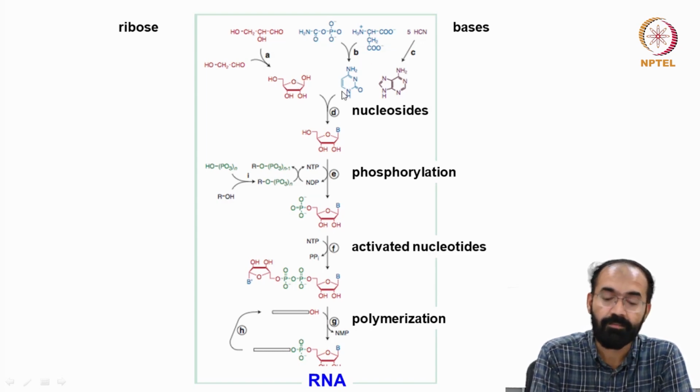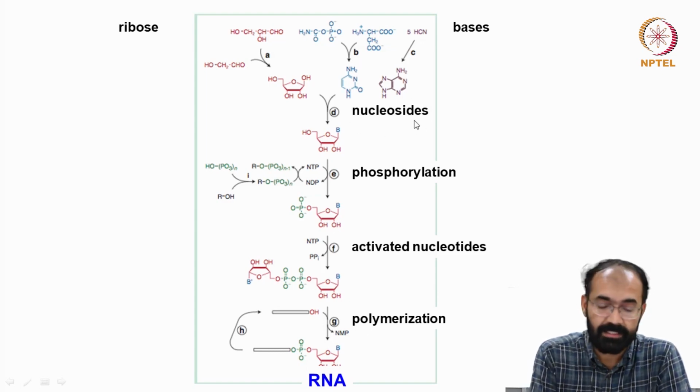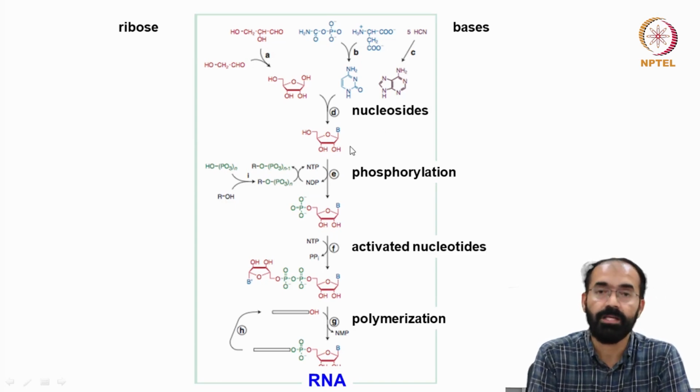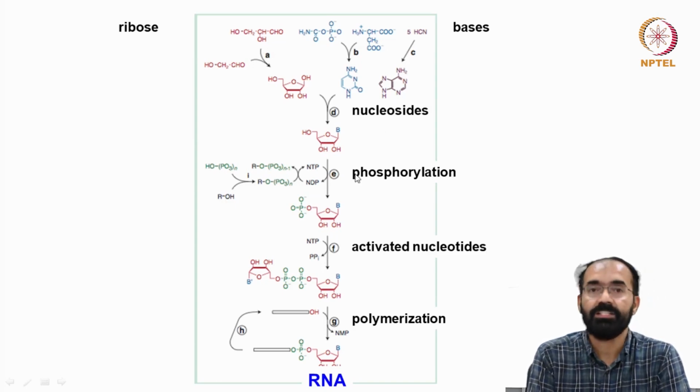And you can also have purines and pyrimidines formed from inorganic material. And these can eventually combine, and we call them nucleosides. And this eventually can combine with phosphate that is formed from rock weathering. And we call it phosphorylation.